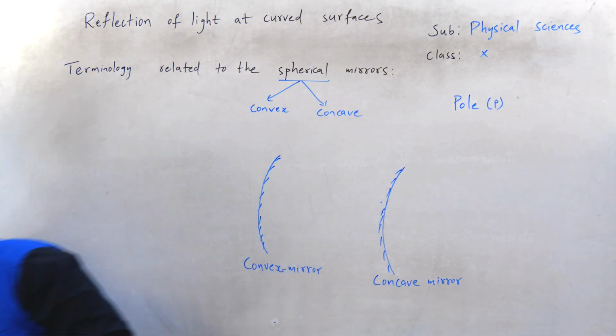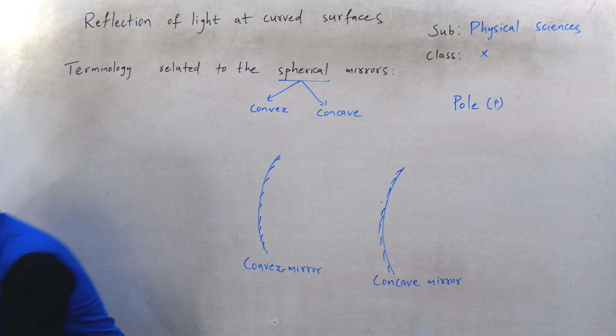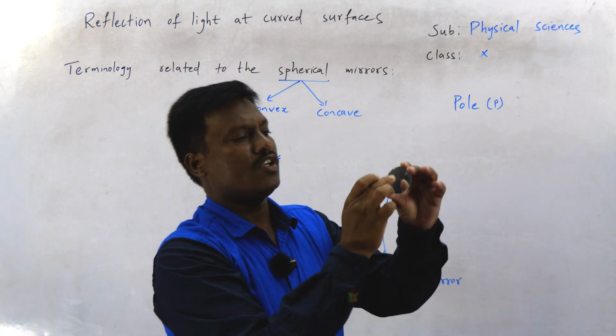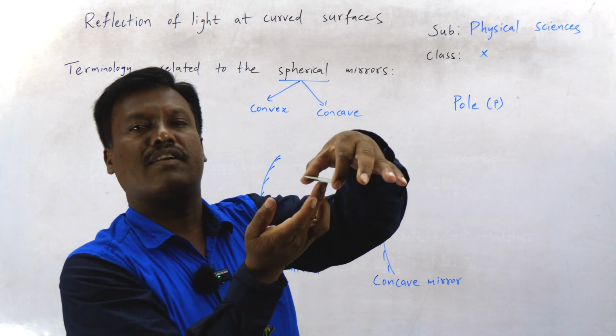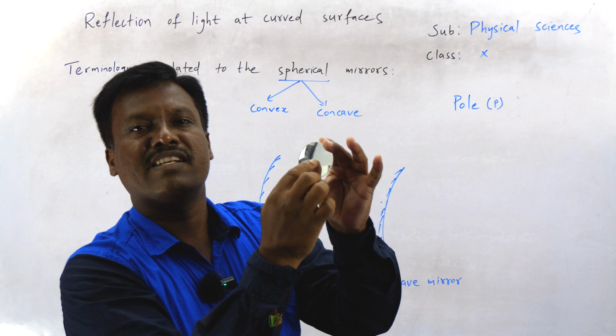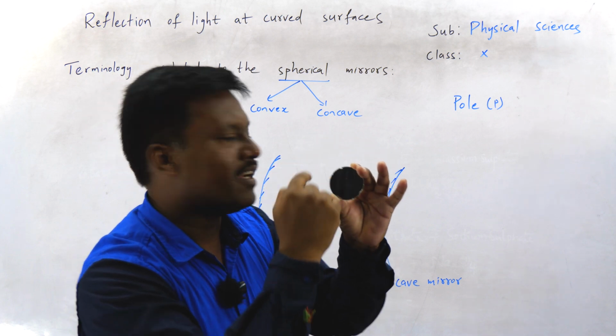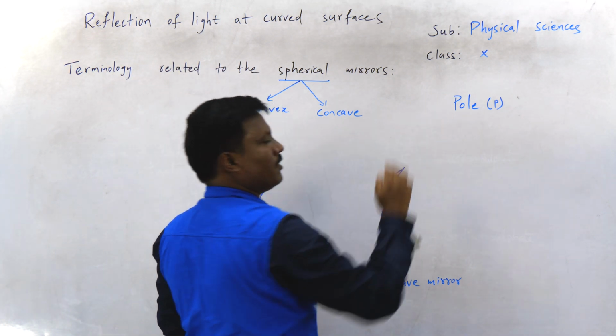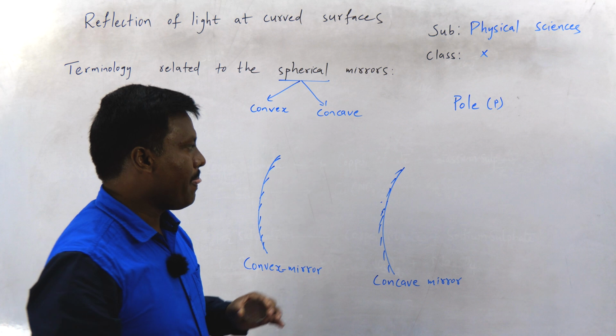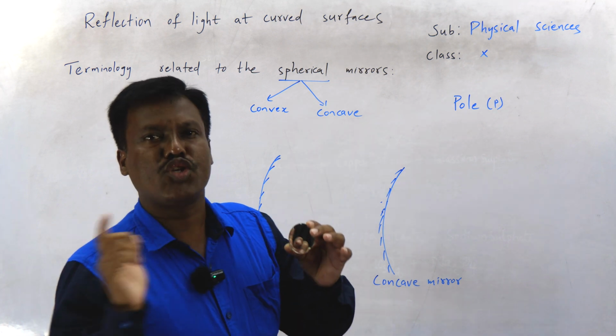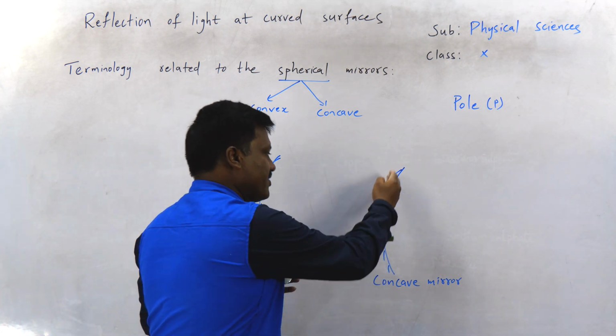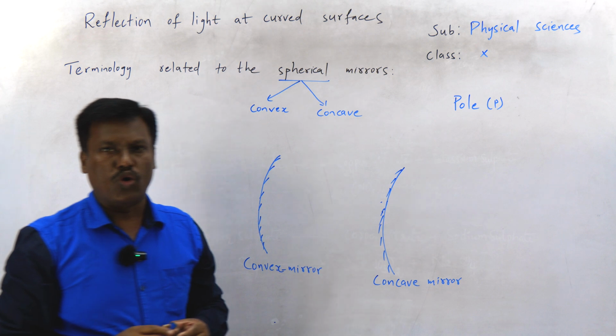So this mirror also has a geometric center. This is the geometric center of the mirror, right? This geometric center or midpoint of the mirror is called pole. Okay, midpoint or geometric center of the spherical mirror is called pole.